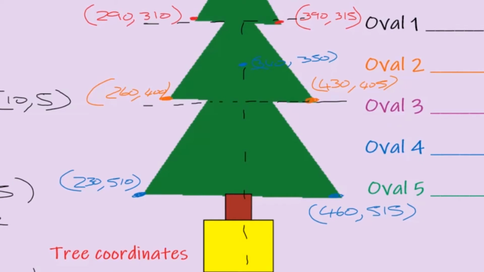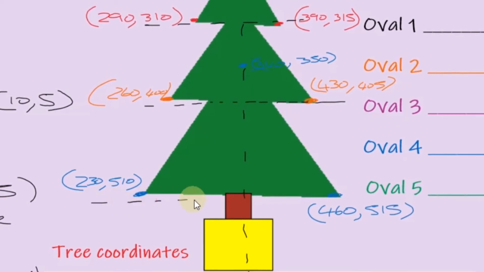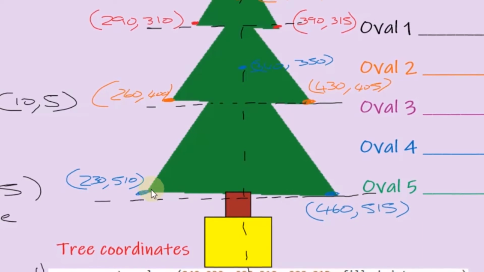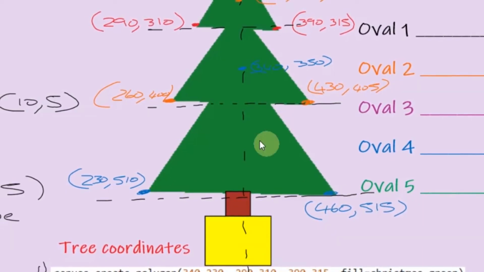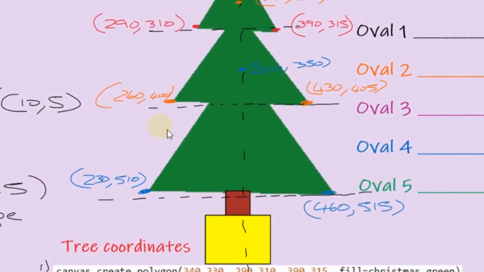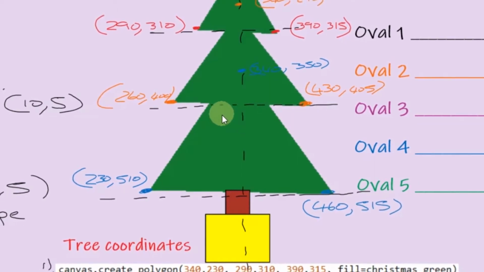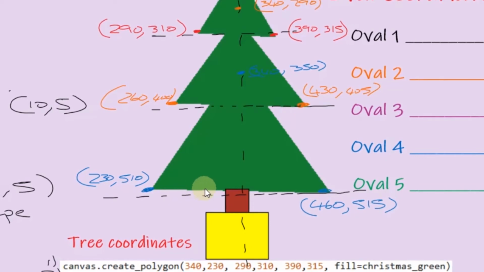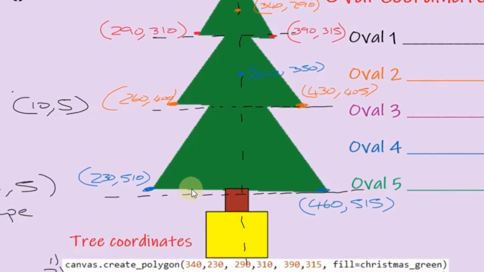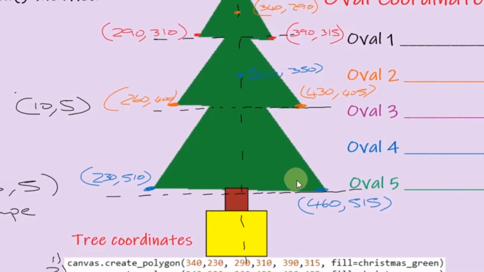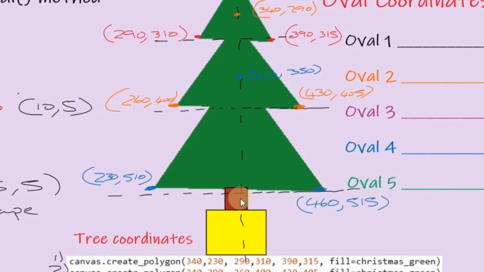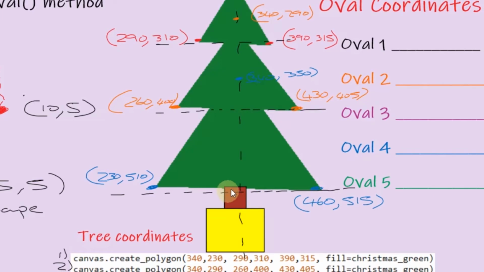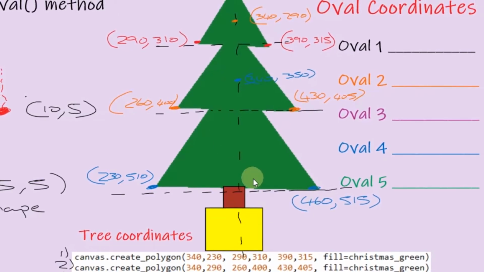So what we can tell from this is this line down here is between 510 and 515. And up here's 400, so our y coordinate for our baubles has to be greater than 400, but less than 510, because you don't want a bauble hanging off the tree. Maybe you do, maybe you want a fairy light off the tree. If it's an icicle shape that you're creating, we'll try and make them land on the tree.